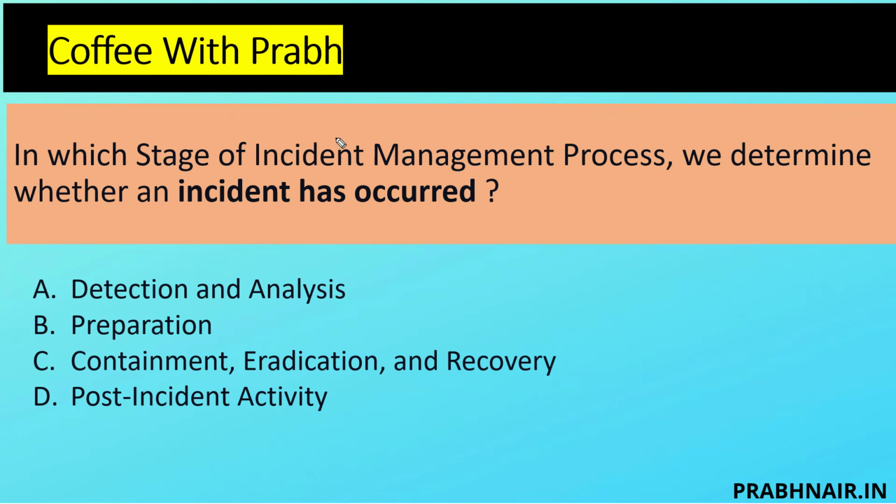Okay, so let's move to the next question. In which stage of the incident management process do we determine whether an incident has occurred? We already discussed detection and analysis, where we confirm. Preparation is the establishment phase.